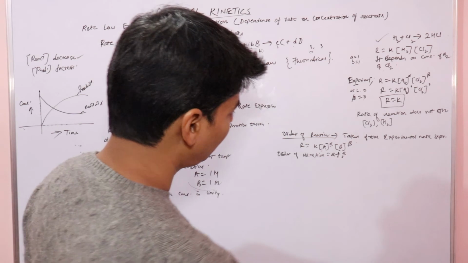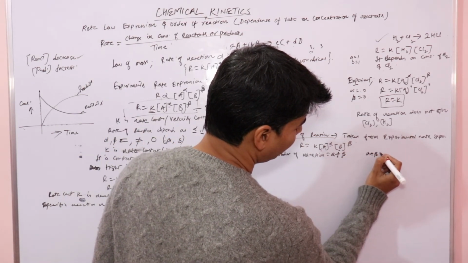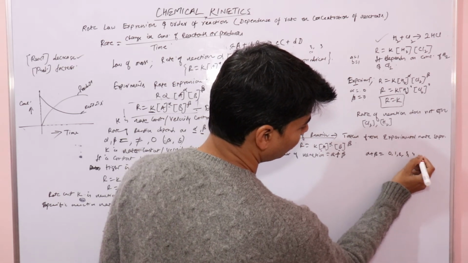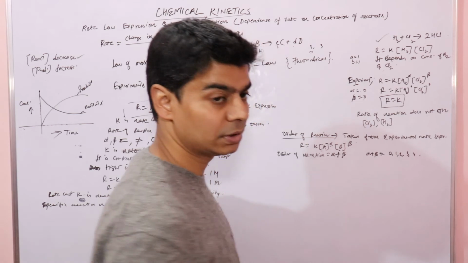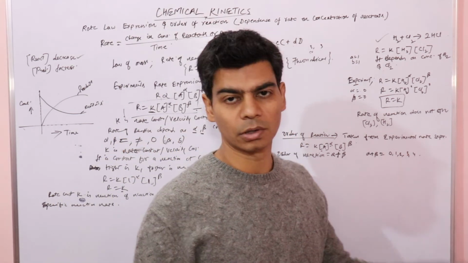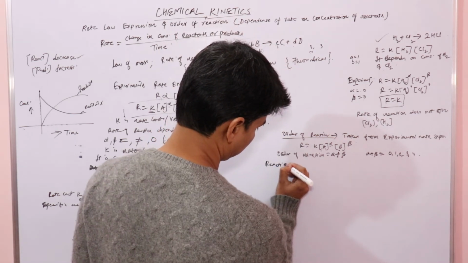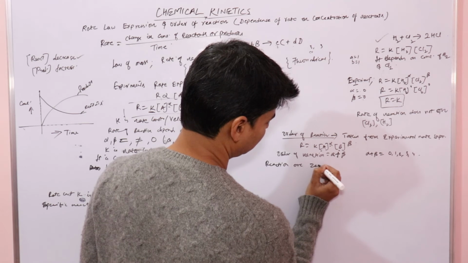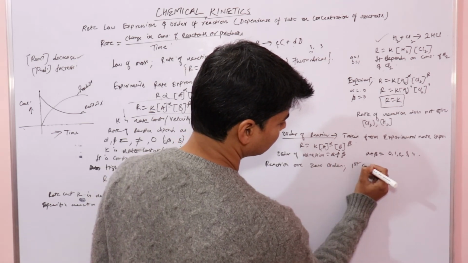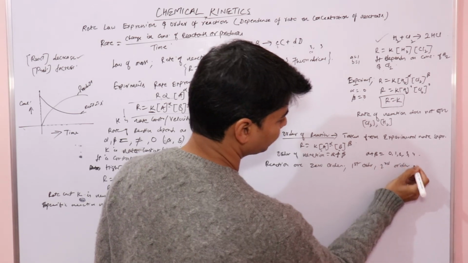Now depending on the value of alpha plus beta, 0, 1, 2, 3, 4, the order of reaction may be 0 order, first order, second order, third order reaction. So reactions are zero order, first order, second order reactions, like this.